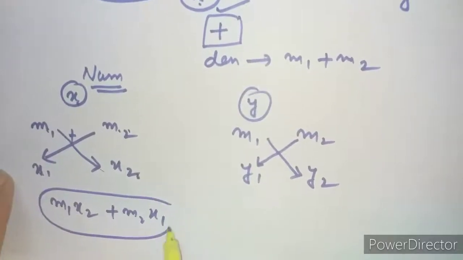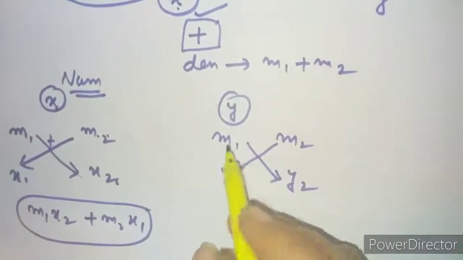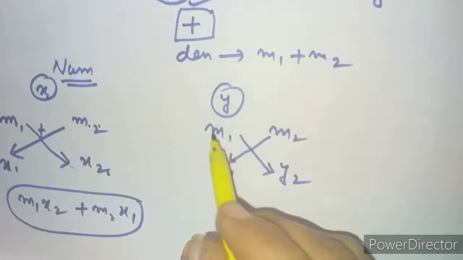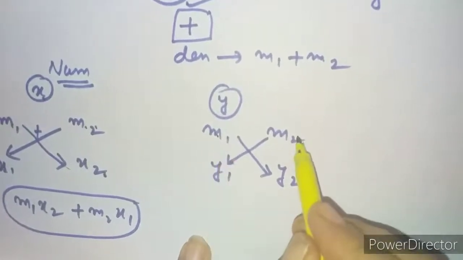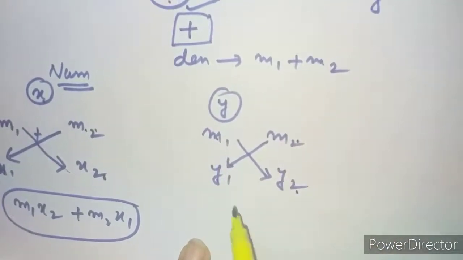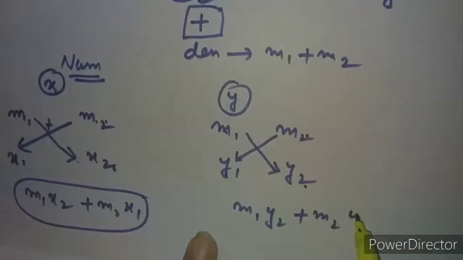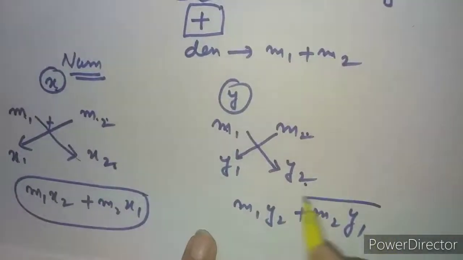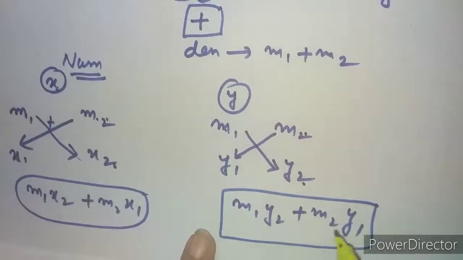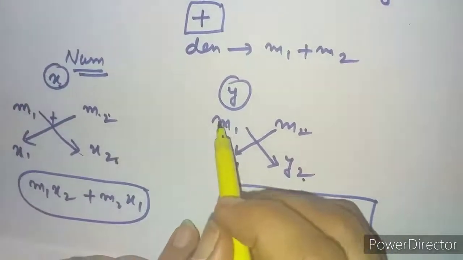This is the numerator of x part, and same way we can write the numerator of y part also. m1, m2 if I write here, y1, y2 if I write here, then it will be simply m1 y2 plus m2 y1. So these are my simple hints with the help of which you can easily remember and learn the section formula.